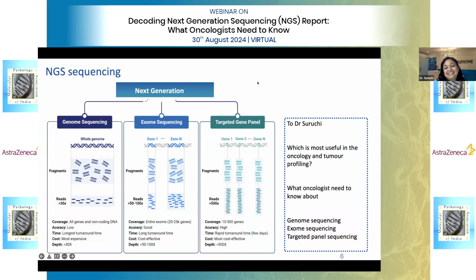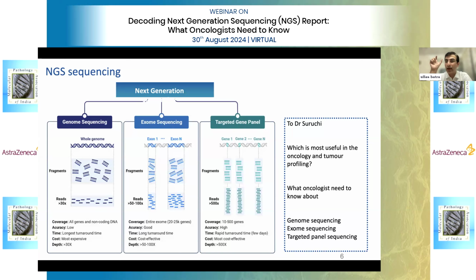So, Dr. Suruchi, now what I basically wanted to ask, and the first question, there's a question in the chat box also. Let's say somebody has come back negative, and I've sent to a lab, the report has come negative. Should we use a different panel? So how do we select the panels? What exactly is a hotspot panel?